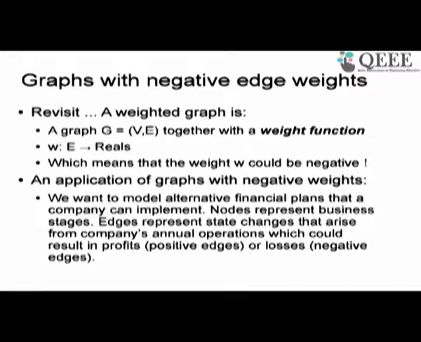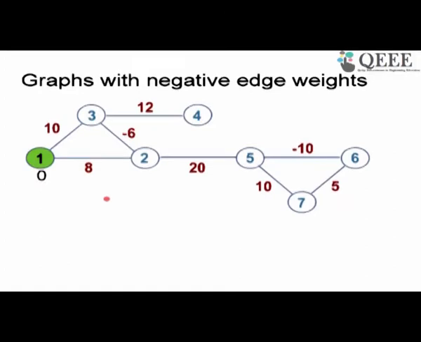We have to use something else. We are going to discuss dynamic programming as a method to use. Why does Dijkstra's algorithm not work? Firstly, let's look at graphs with negative edges. For example, this is an undirected graph and I put a negative edge of -6 here. You can see that this graph is pathological. Why? Because I can go from 3 to 2 and that will reduce the cost by 6.